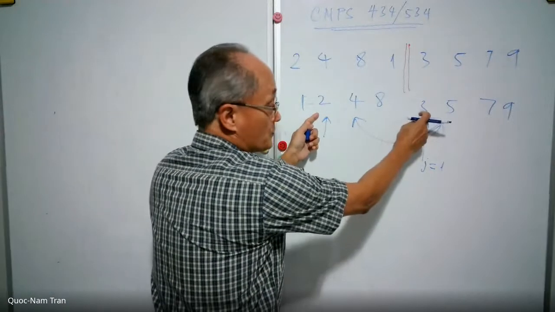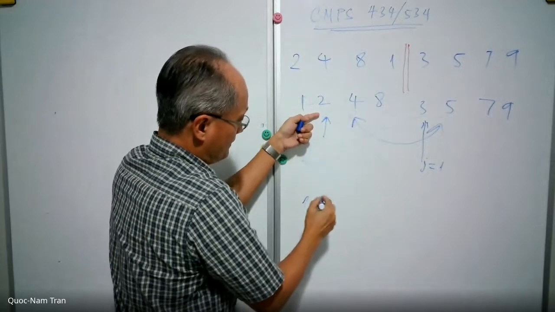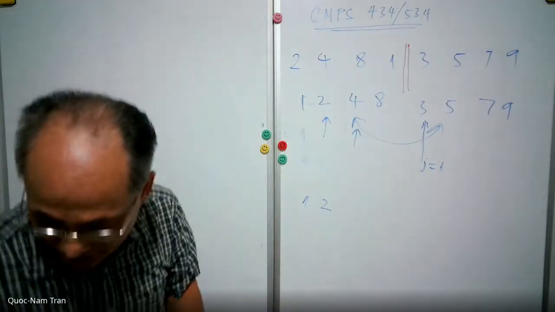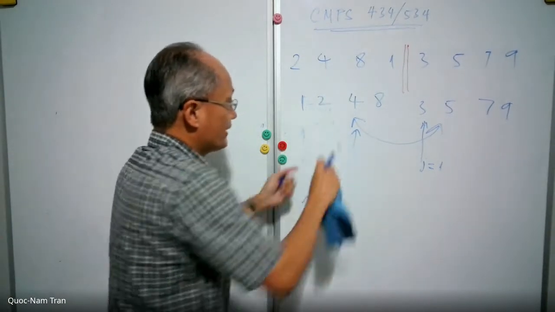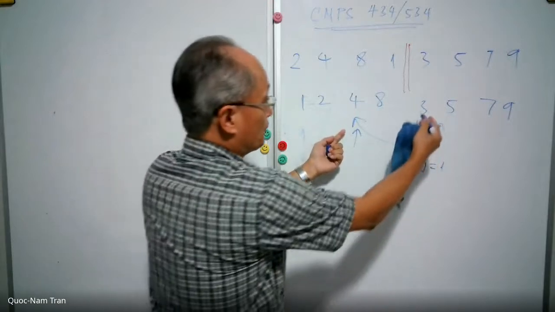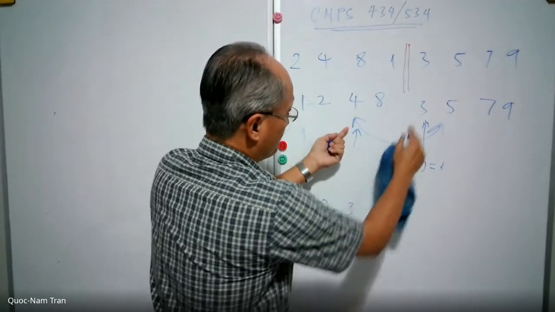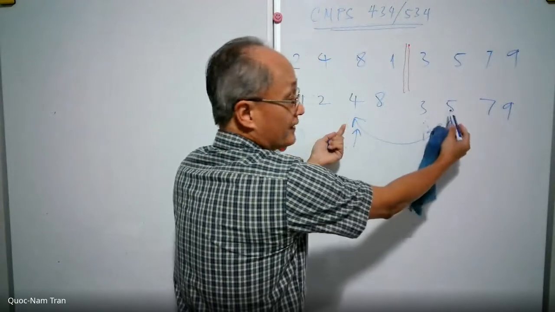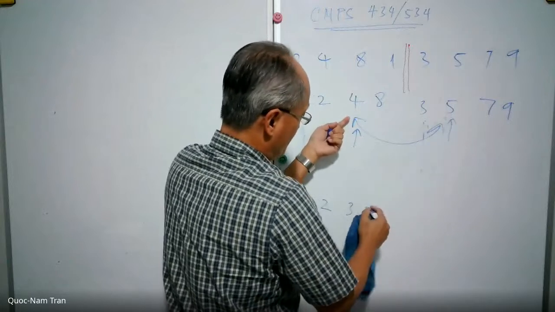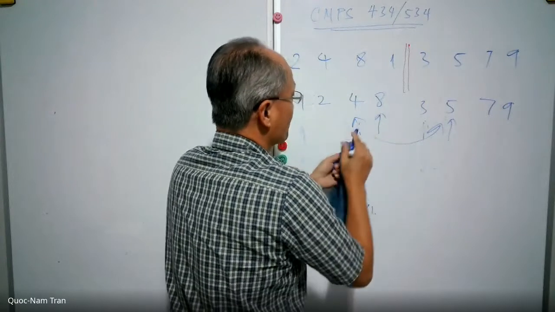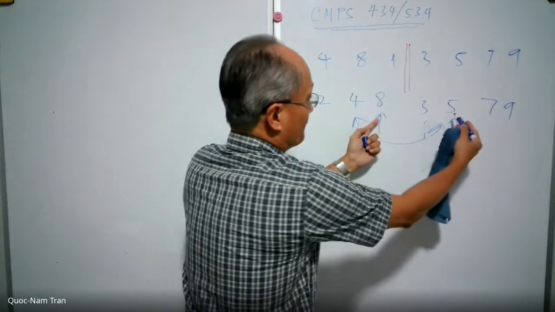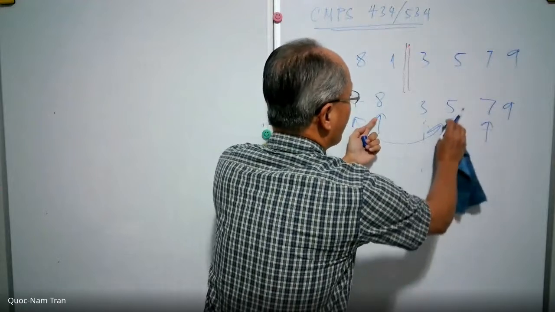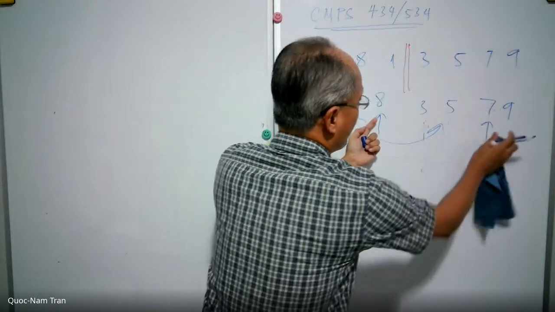Compare, it is still smaller on the left. I write 2, advance. Whenever I write a value down, I will advance the pointer. Now 3 is smaller, so I write down 3, advance the J. Now 4 is smaller, so I write 4, advance. 5 is smaller, so I write 5, advance. So I have 7, advance.